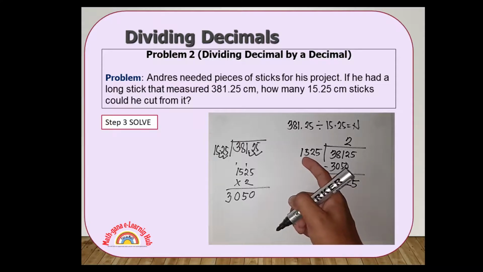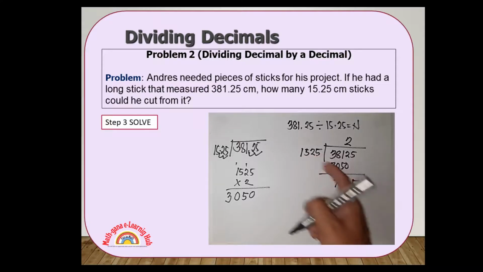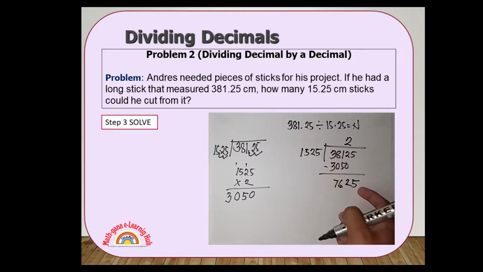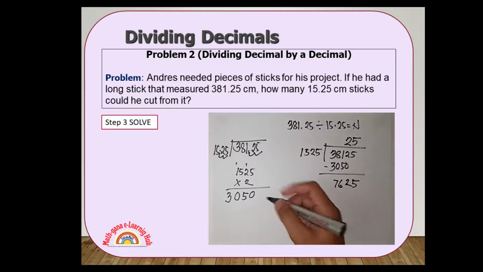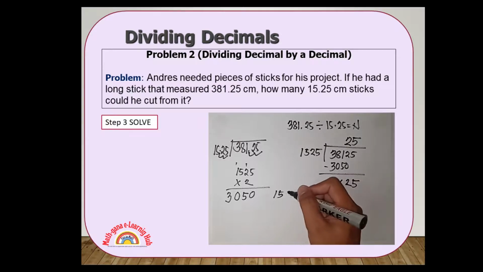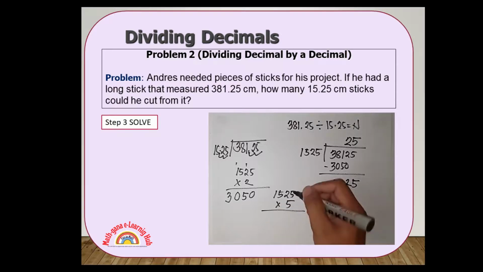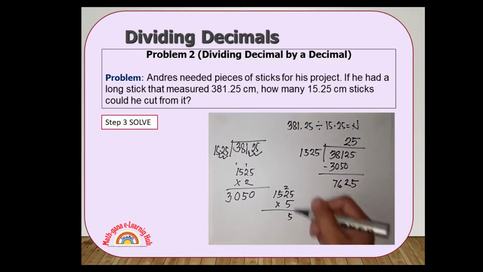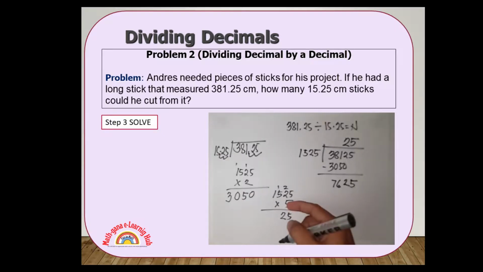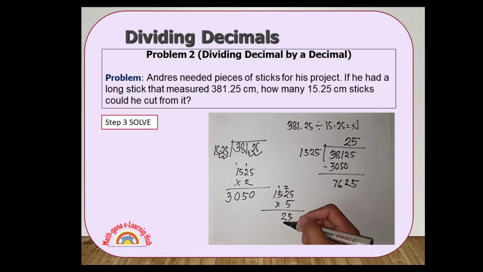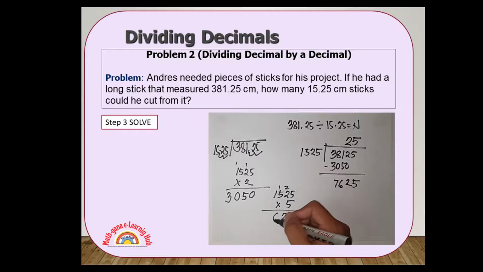7,625 divided by 1,525. Both end with 5, so let's try 5. 1,525 times 5: 5 times 5 is 25. 2 times 5 equals 10, plus 2, 12. 5 times 5, 25, plus 1 equals 26.